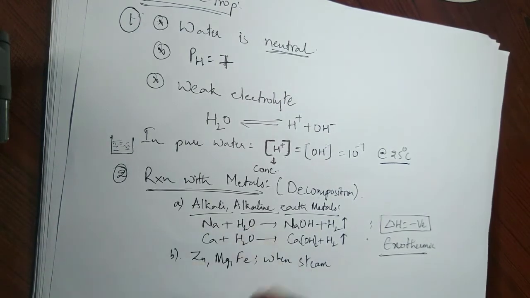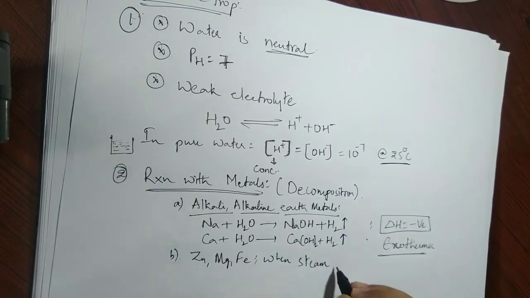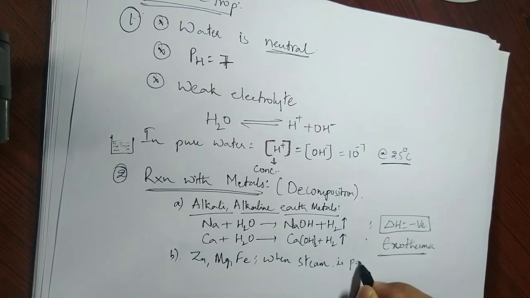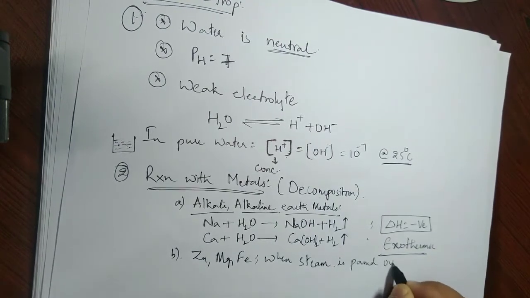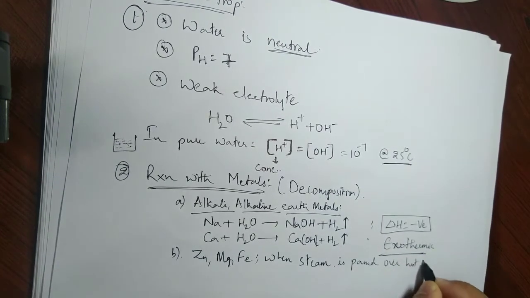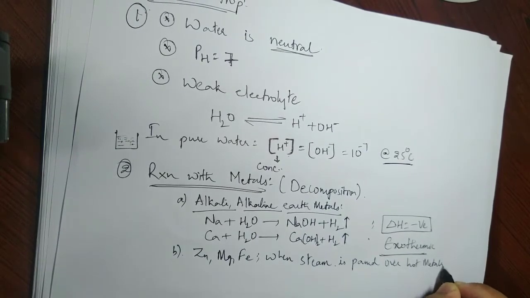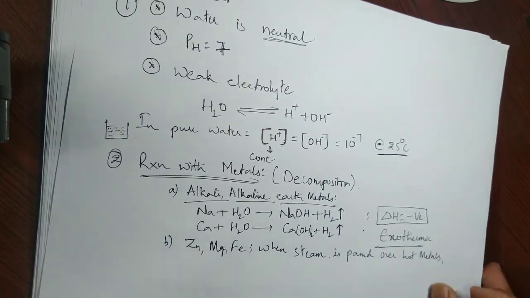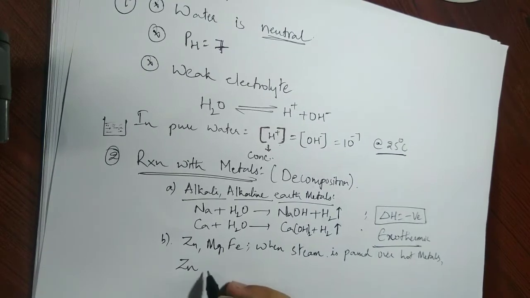Again, these metals should be what? Hot metals. When steam is passed over hot metals, then the decomposition takes place. Okay, but oxides are formed.